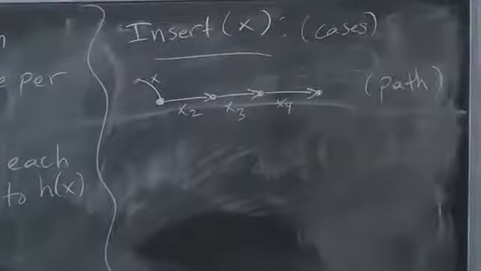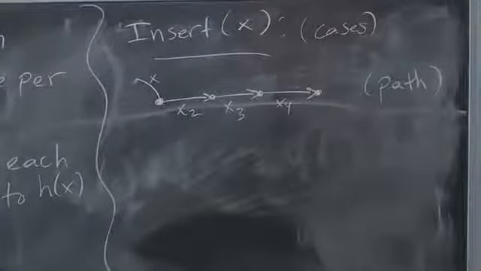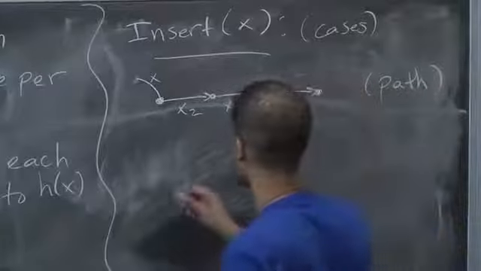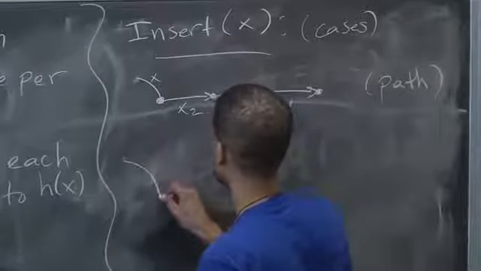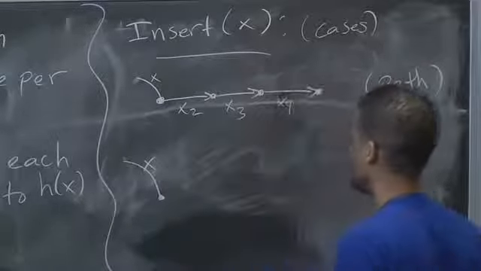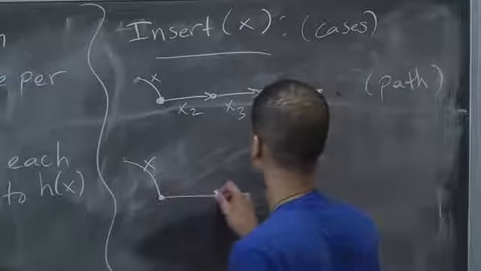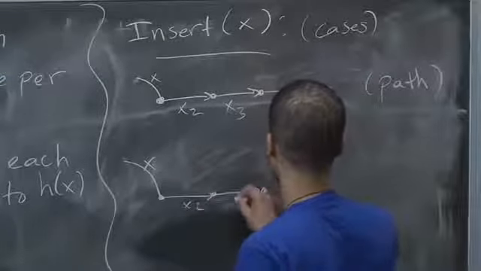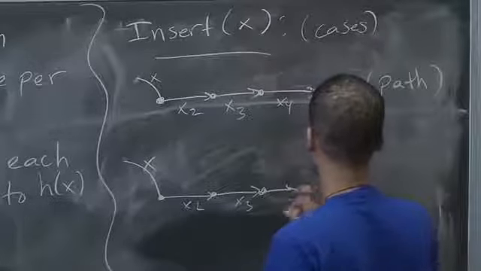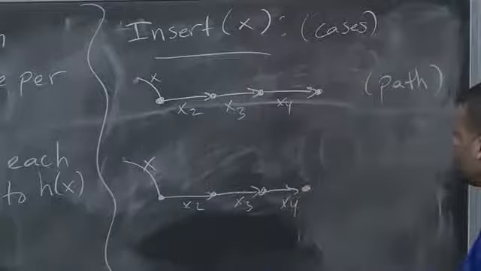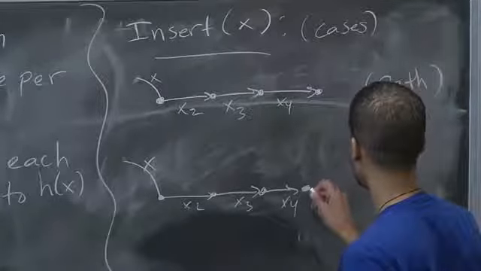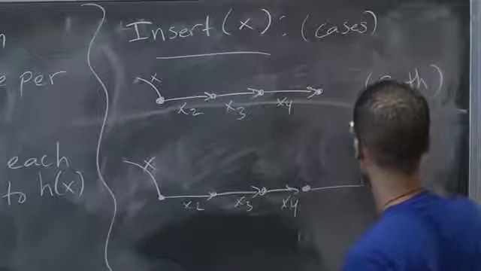Another thing could happen, which is that we have a cycle. So here, let me draw a picture. x comes in. It kicks someone out. Kicks someone out. Kicks someone out. And then we have a single cycle. Maybe now it goes like this.